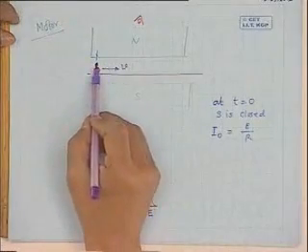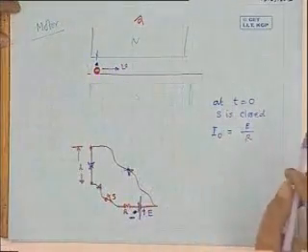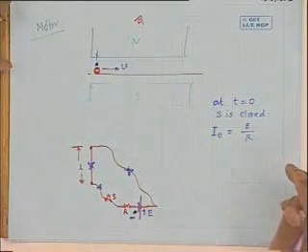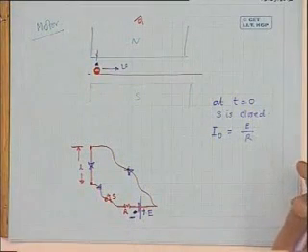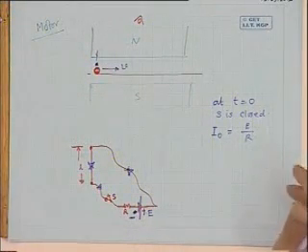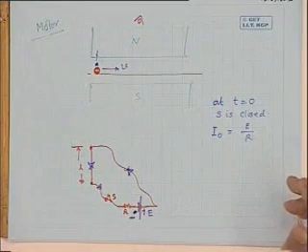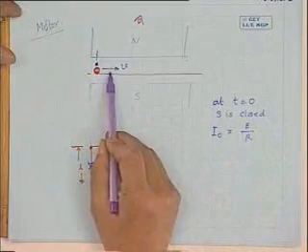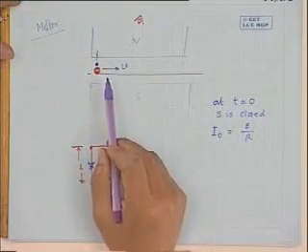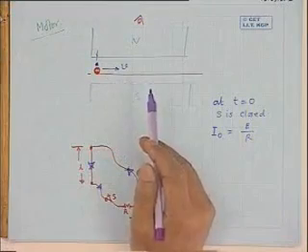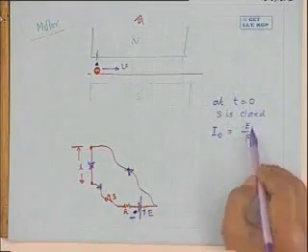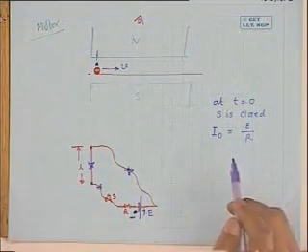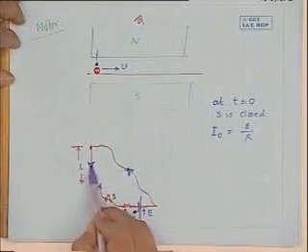Now the conductor will experience a force from left to right, and this force will start accelerating the conductor. Its velocity will go on rising, is it not? And I want to write down its equation of motion at any time t after t equal to 0.